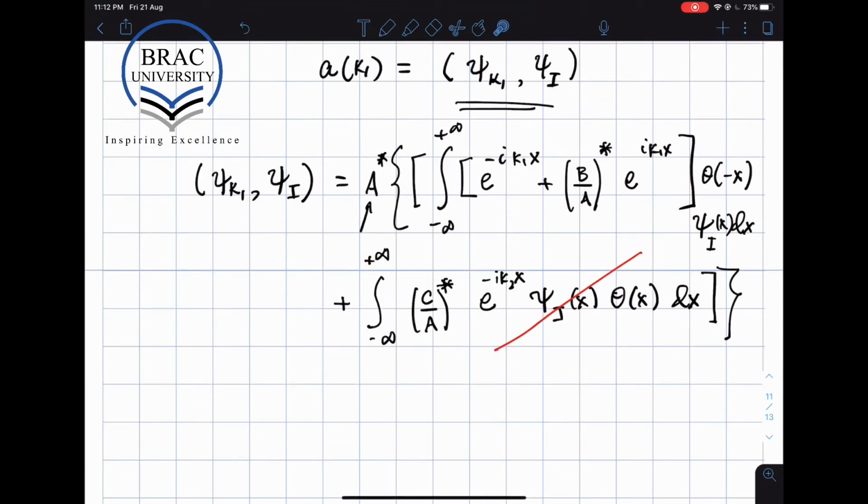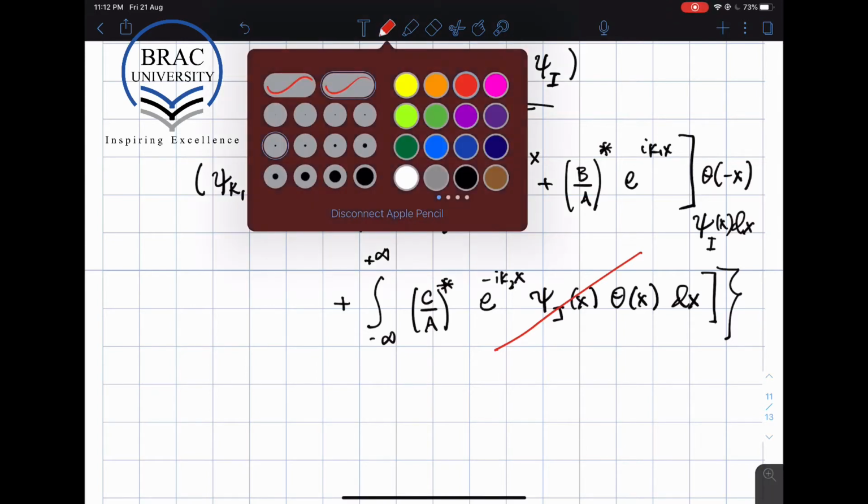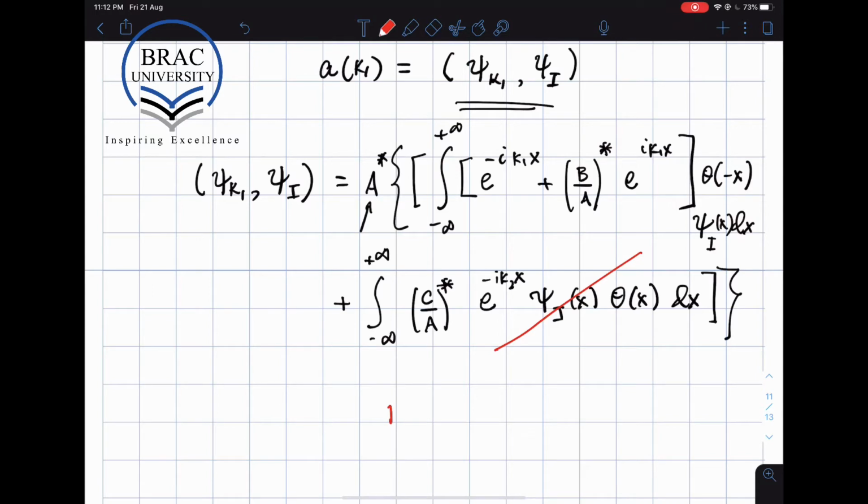In these two terms, what we can observe is that this psi_I has a wave number which is peaked at k0, whereas this wave function, a conjugate of a wave function, is of course peaked at minus k1, where k1 is a positive number.